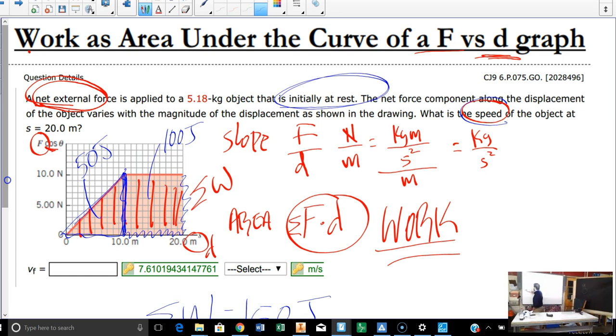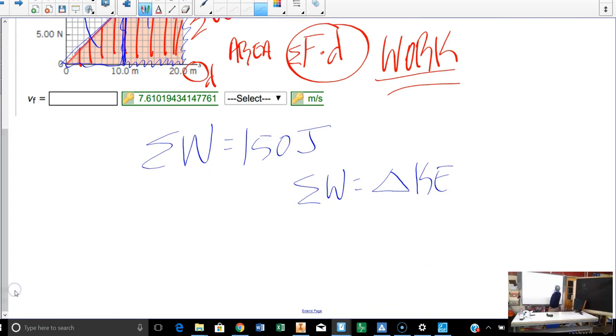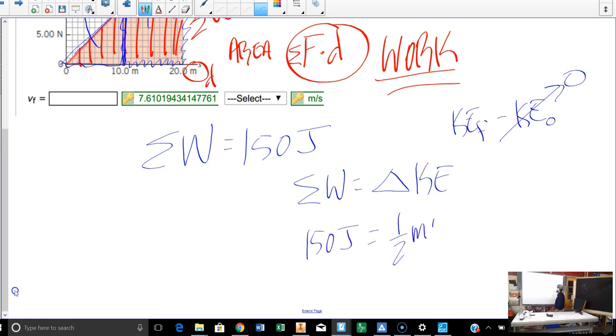So that change in kinetic energy really just becomes the final kinetic energy, because that's going to be KE final minus KE initial, but since it started at rest, that's 0. So really, 150 joules equals the final kinetic energy, 1/2 mv squared, and you go ahead and find the speed from there.